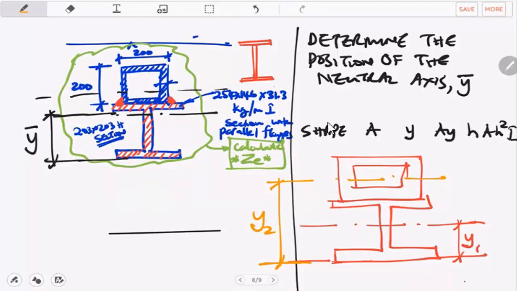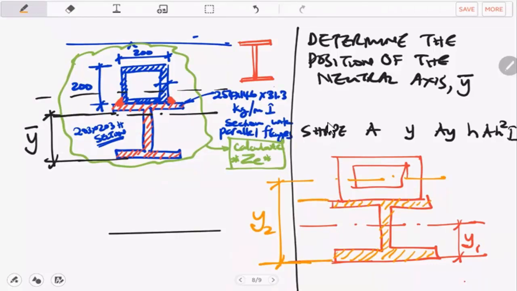But if you look at this section, do you see that it's symmetrical? It's a symmetrical section, which means that the position of the centroid for the I section is exactly at mid-height.